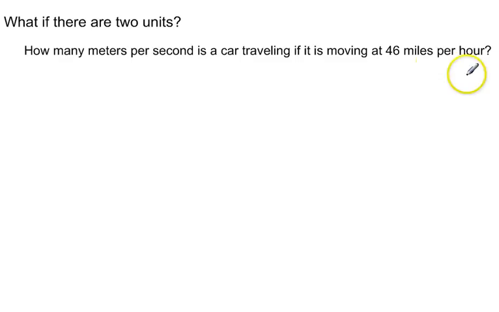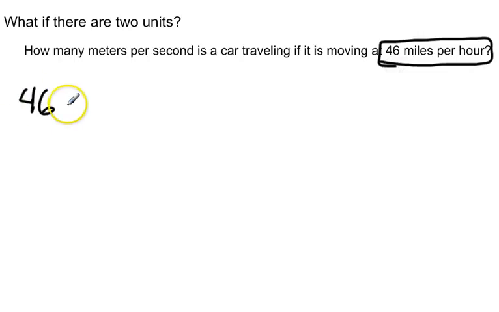Again, we start with the number given in the problem, 46, and I'm going to abbreviate this miles. Miles per hour, per hour, that's HR, but it's per 1 hour. You're going 46 miles for every 1 hour.